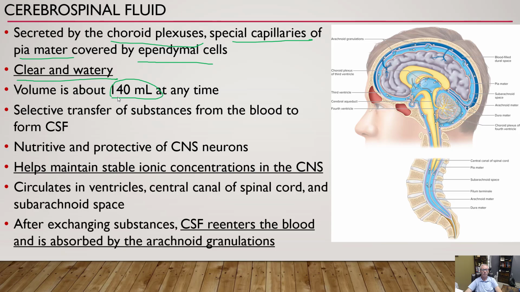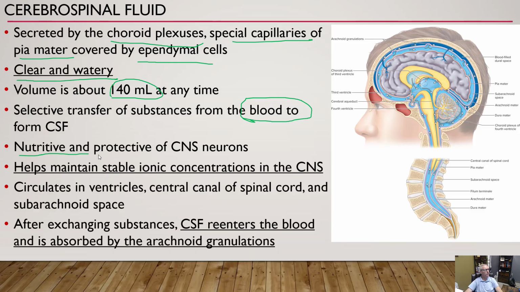The cerebral spinal fluid does go back to the blood, or go back to the cardiovascular system, the bloodstream, once it kind of gets dirty and needs replenishing.